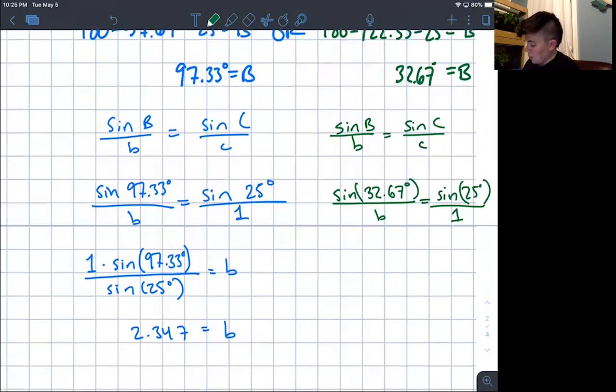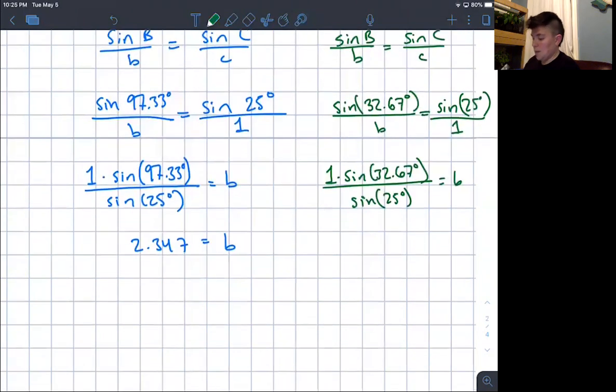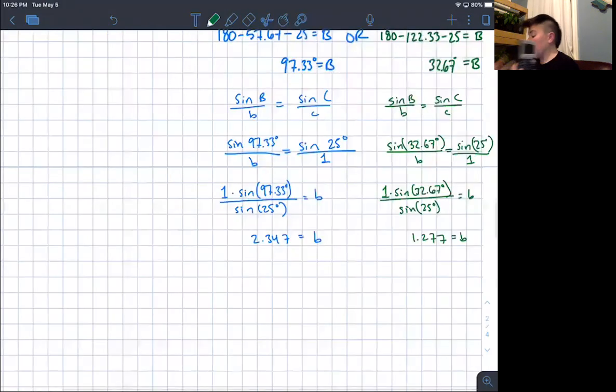Then cross multiplication: 1 times the sine of 32.67 degrees divided by the sine of 25 degrees equals B. Let me put that in my calculator. It is 1.277 equals B.